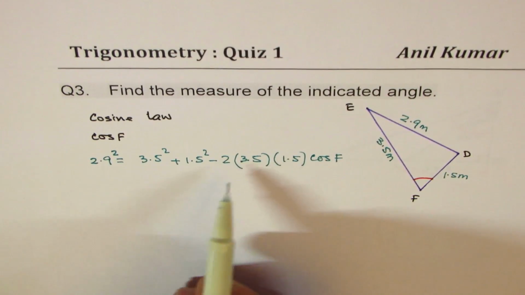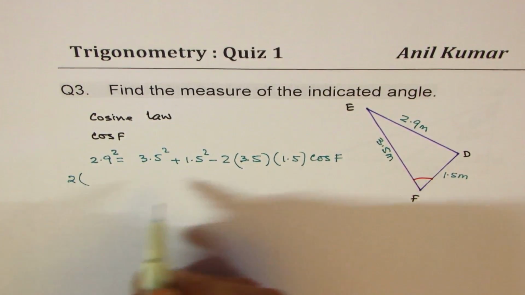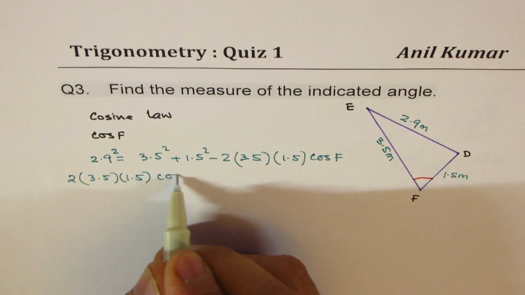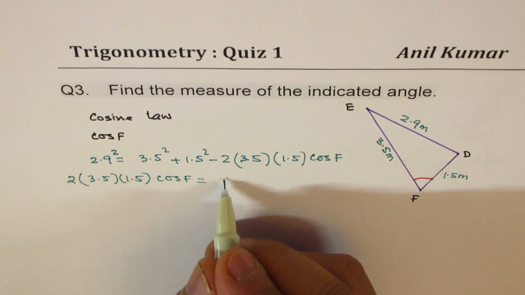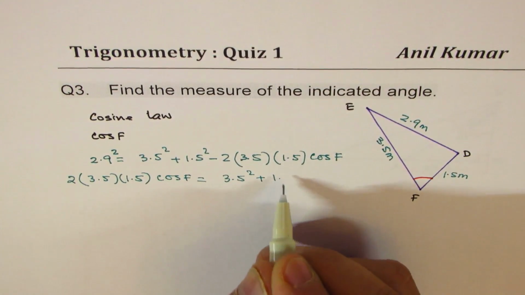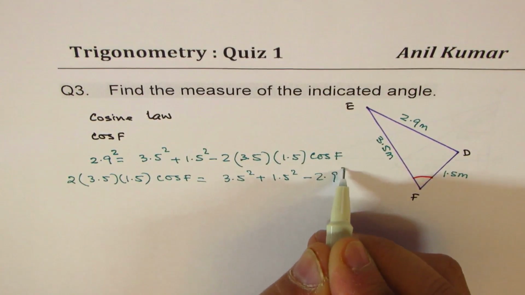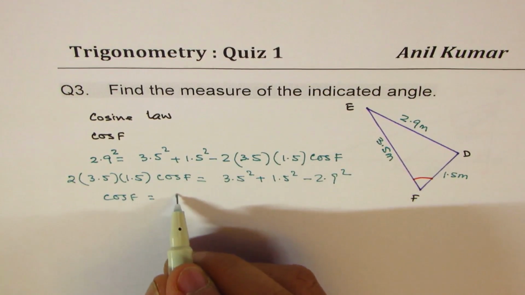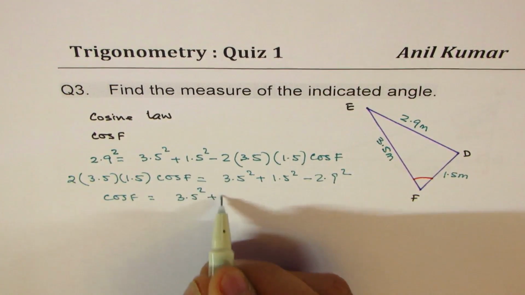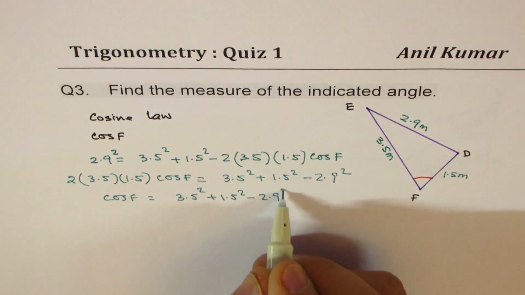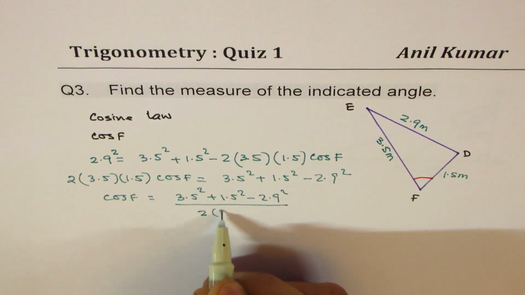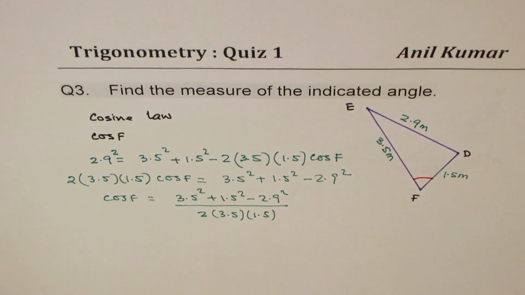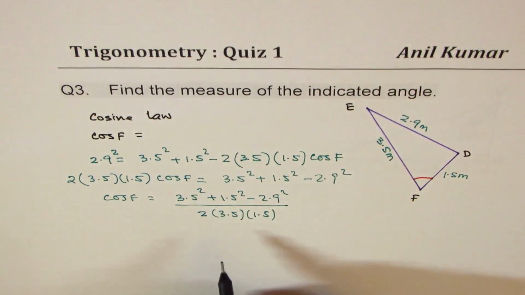So we can now rearrange and write 2 times these two sides product, which is 3.5 times 1.5 cos of F equals 3.5 square plus 1.5 square minus 2.9 square, and then cos of F is equal to 3.5 square plus 1.5 square minus 2.9 square over 2 times 3.5 times 1.5. Is it okay? So the formula is very clear from here.